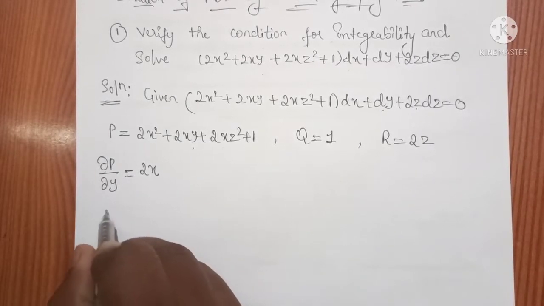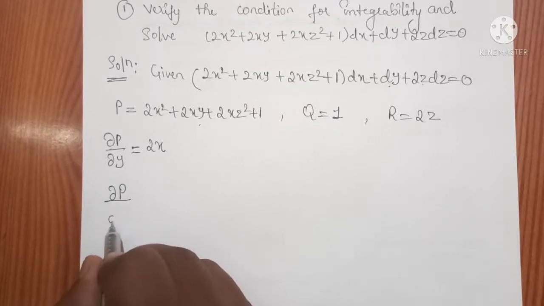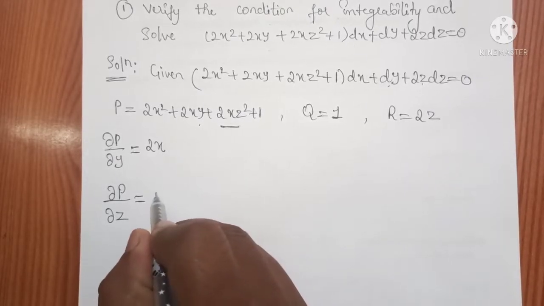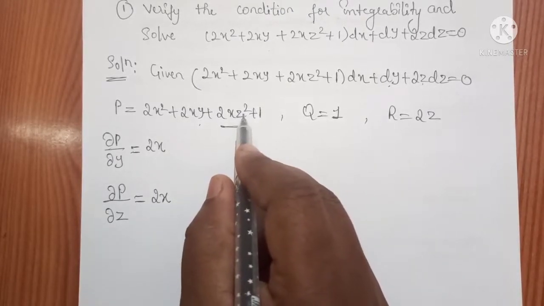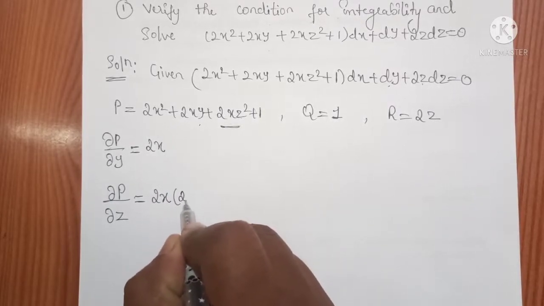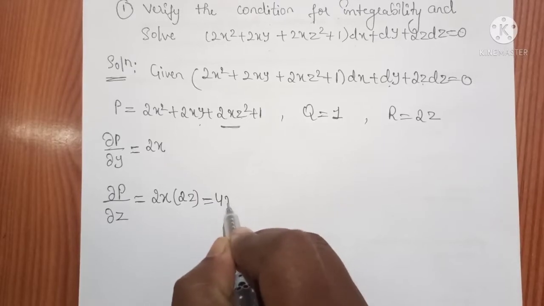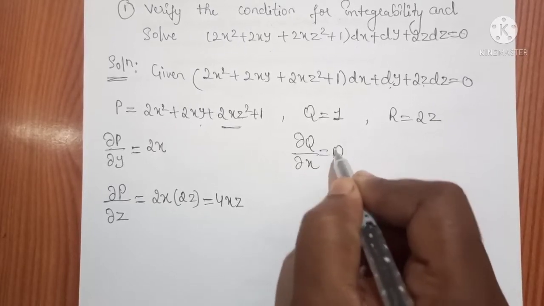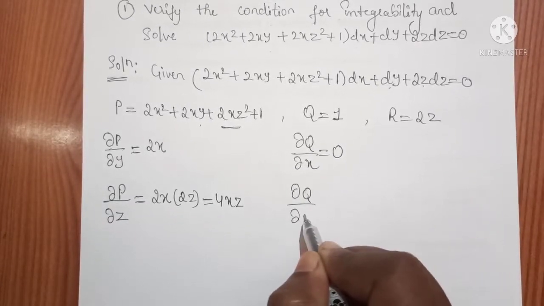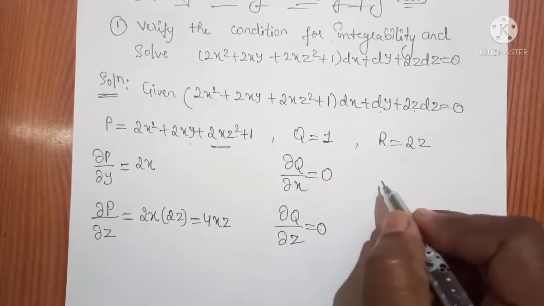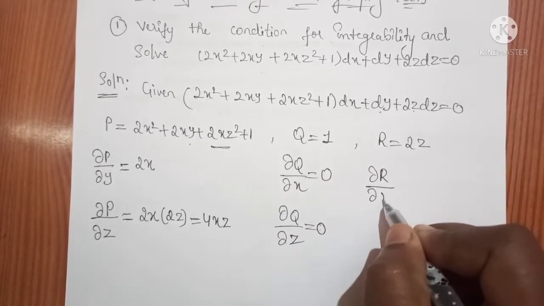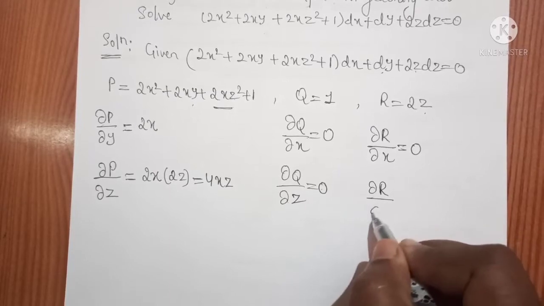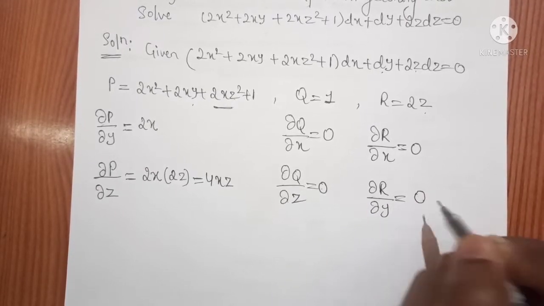Now ∂p/∂z: it contains only one term, 2x is taken constant, and the differentiation of z² is 2z, which gives 2 into 2, 4xz. Now ∂q/∂x = 0, and ∂q/∂z = 0 because it is constant. Now ∂r/∂x is 0, and differentiating with respect to y we also get 0.